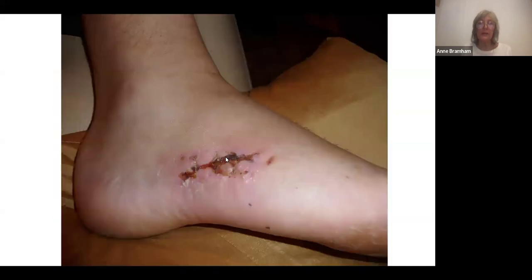And then when the stitches came out, a little bit of edema reoccurred, but on the whole, the skin looks really good. And so his healing was hastened with the use of MLD.